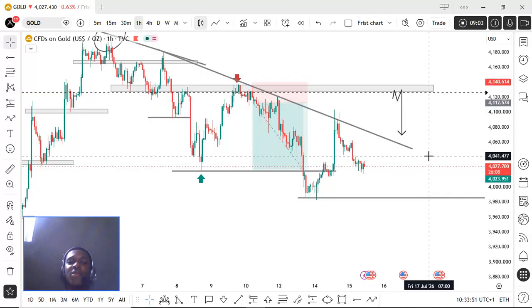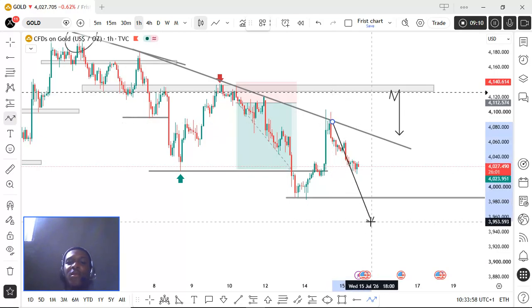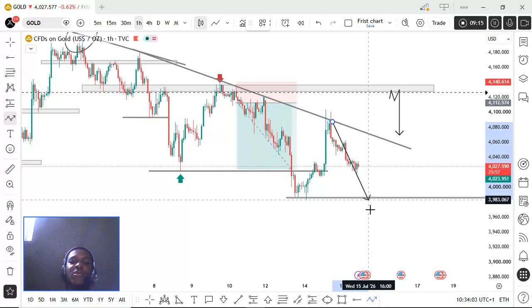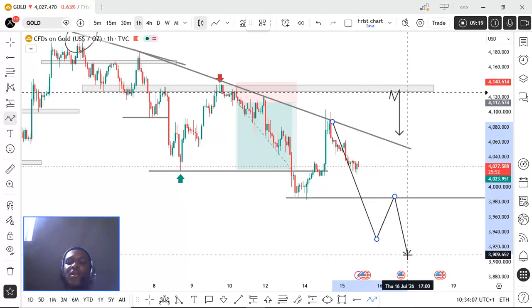All right, so I'm going to be waiting for the market to break this low. Wait for it to come down and break this low. When it breaks this low, you can trade the breakout, or you wait for a break and retracement, then you sell.